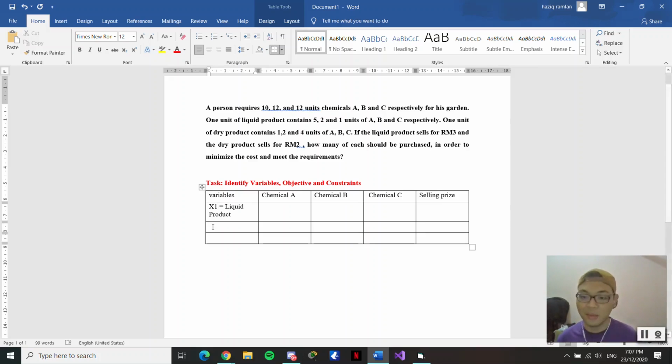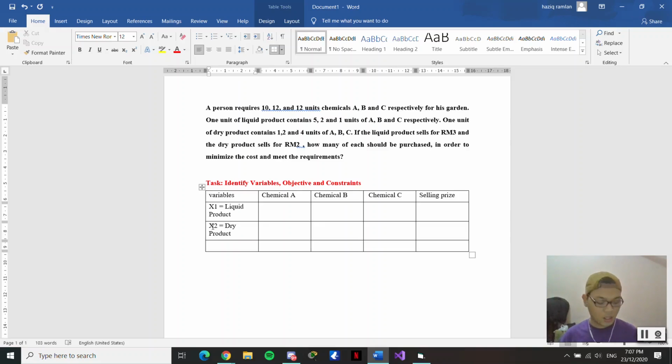I'm just going to put the basic one, which is x. And then x2 for the dry products. And I'm going to put require, what it requires to have those chemicals. Then move on to the next column.